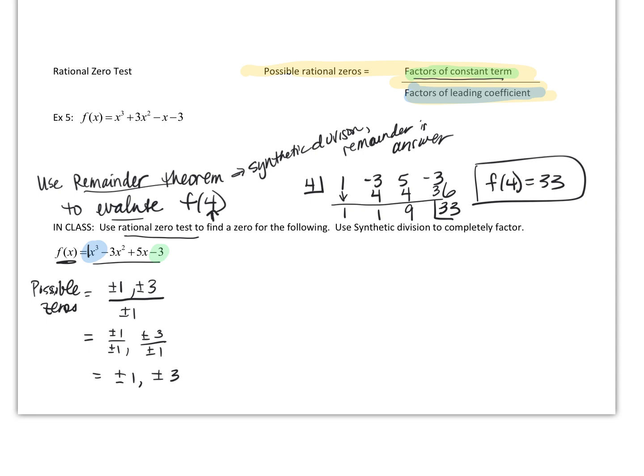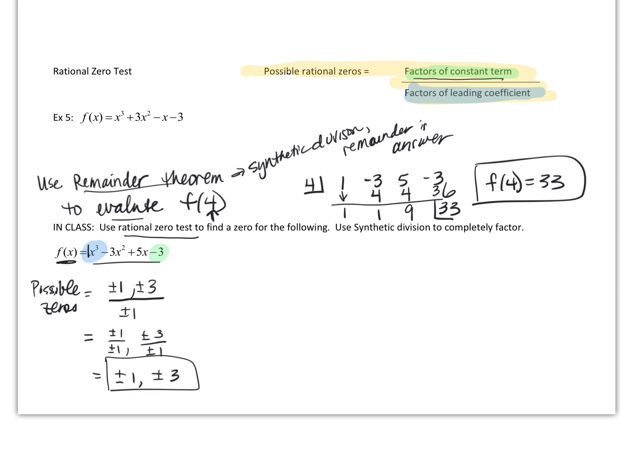So these are the possible zeros. So back in the day, before calculators, we would have to do synthetic division, try it with +1, try it with -1, try it with +3, try it with -3, until we get one that has no remainder. That's how you know if it's an actual zero. Now, for me, what you're going to do is list out the possible zeros, and then you're going to go to your calculator and find the one that works.